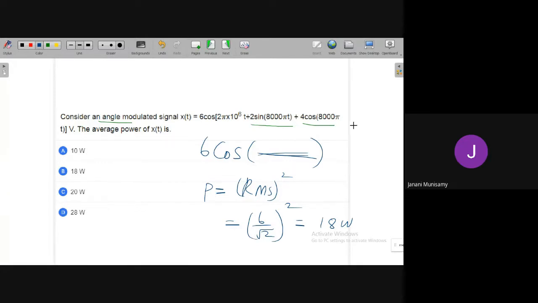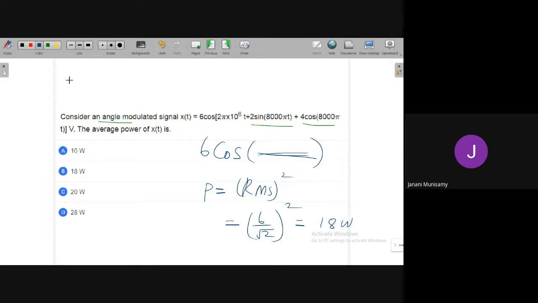But if there is some other signal, say after completing this, with 5 cos something, then I have to go by a different approach. But here only one cos. Inside the angular component, it is having many signals. So that will not have any effect on the power. So you can directly calculate the power, that is 18 watt.